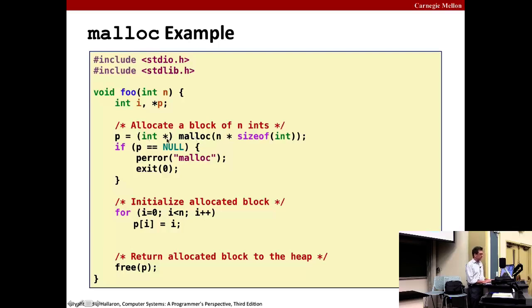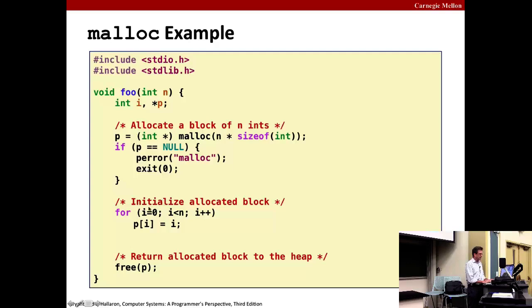So we cast it to a pointer to an int to keep the compiler happy, and then assign it to p. We check for a null return value. I should point out it returns 0 on error. So we check for this null pointer, which is 0, and print an error if it's null.